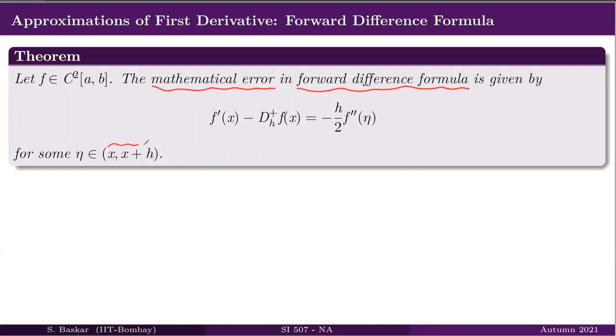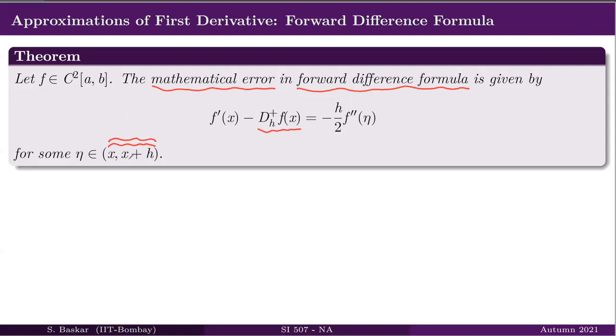Why x and x plus h? Because the forward difference formula involves the function values at x and x plus h. That is why we have the unknown eta lying between x and x plus h.